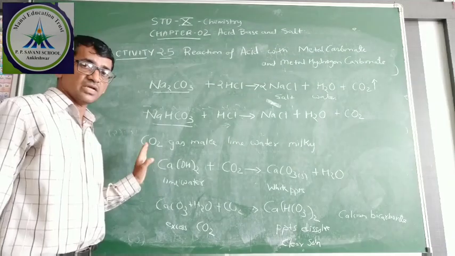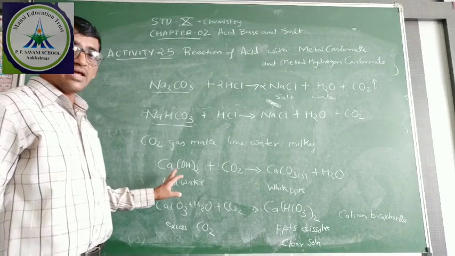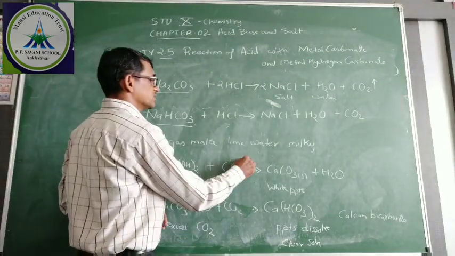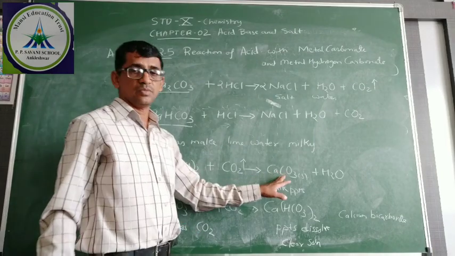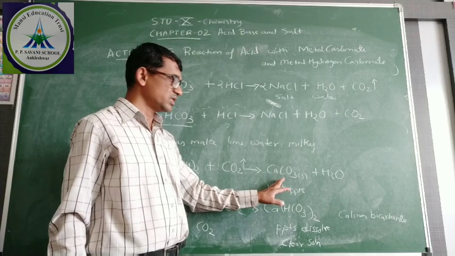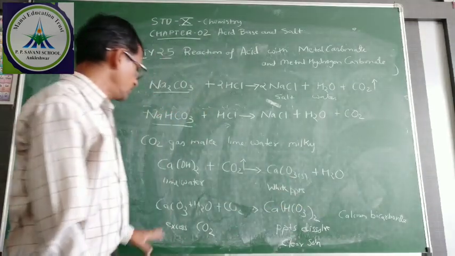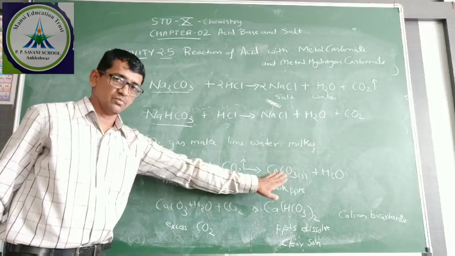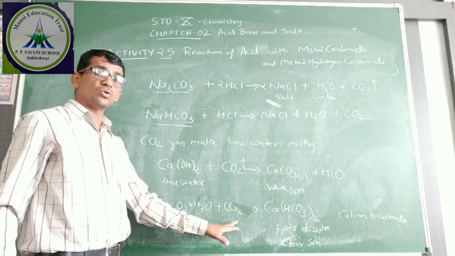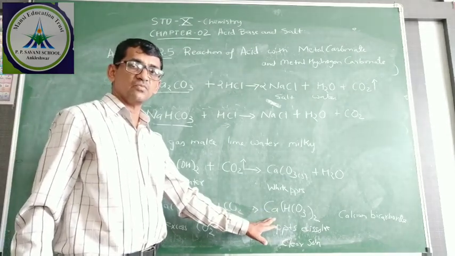Second, carbon dioxide gas we can also check chemically by adding lime water. If you pass carbon dioxide gas in lime water, then a white precipitate of calcium carbonate is obtained. That is, lime water turns milky. If you pass more carbon dioxide through this milky white precipitate of calcium carbonate, then the white precipitate will dissolve.